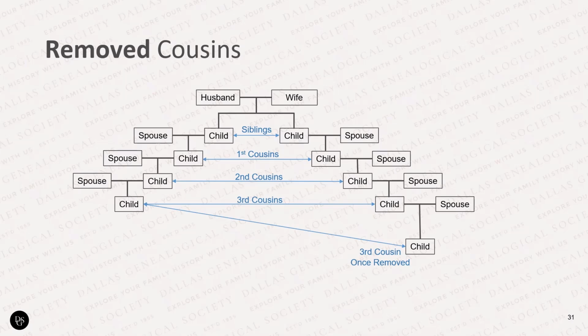And you can carry that on forever too. If there's another generation of children, the relationship back to that third cousin of the parent would be a third cousin twice removed. And this could just keep going. It could be three times removed, four times removed, five times removed. A difficult concept for a lot of people to grasp at first. I just keep this chart handy to remind myself of what exactly those terms mean.